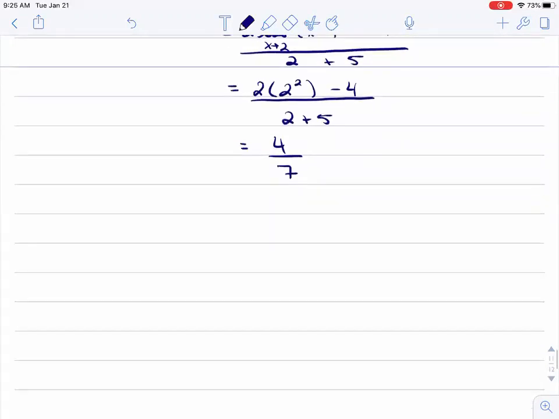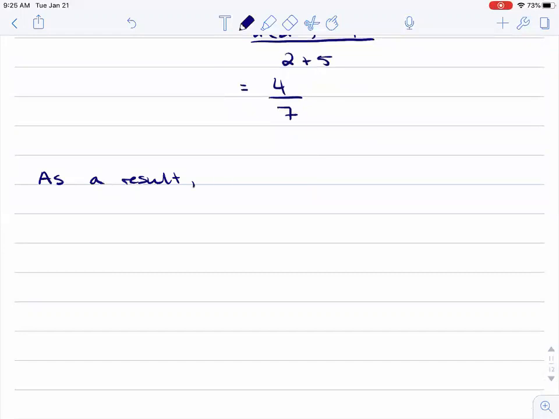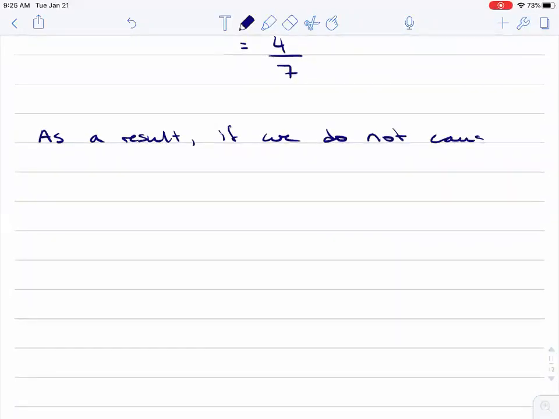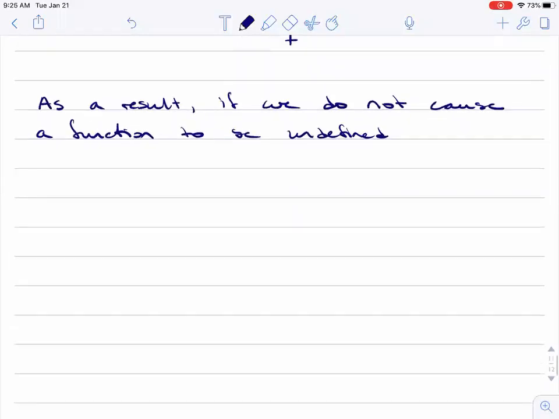And so we say that as a result, if we do not cause a function to be undefined, then we can say that the limit as x goes to a of f of x is going to be f evaluated at a.